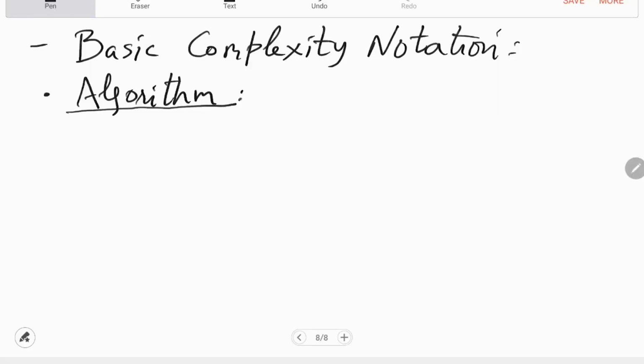But if somebody is allergic to C, then you want a definition independent of programming. So a definition independent of programming is you define a machine and then say that whatever the machine does is an algorithm. Okay, so that machine is called the Turing machine.